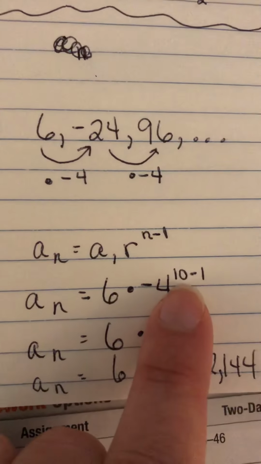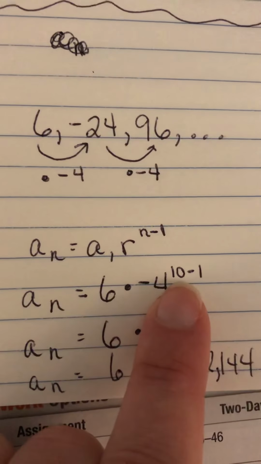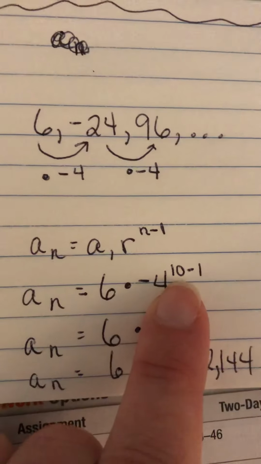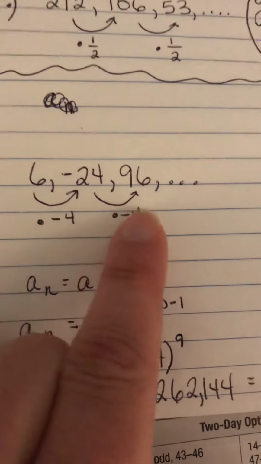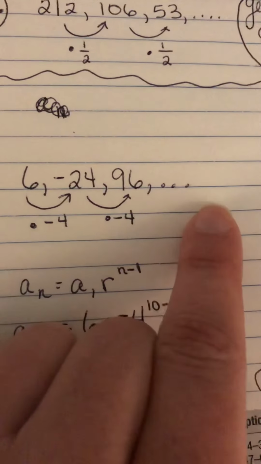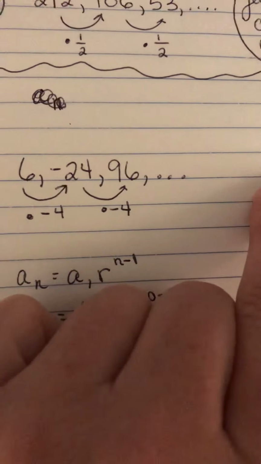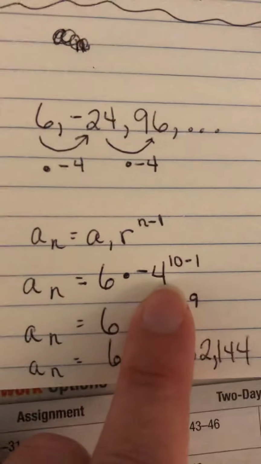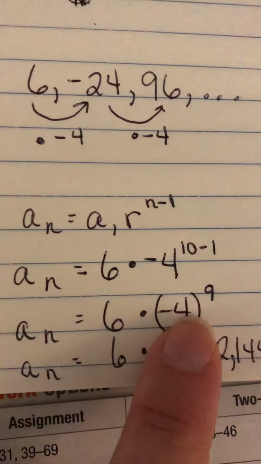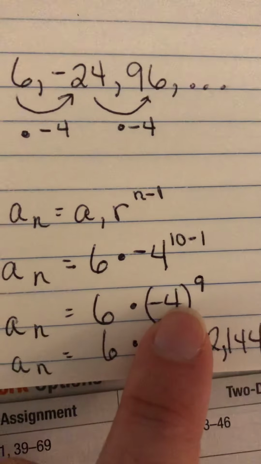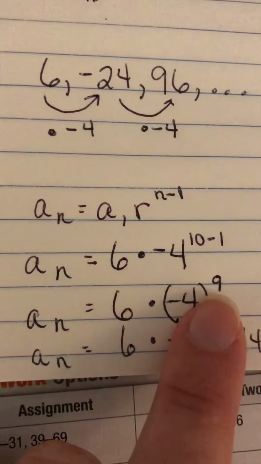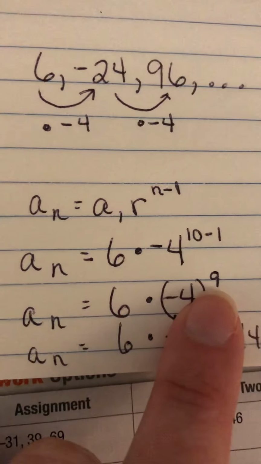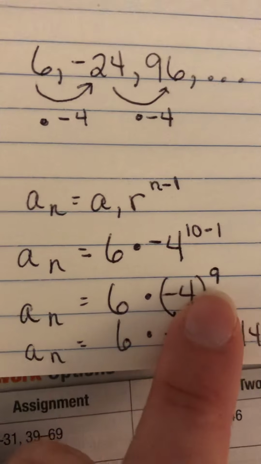And then the term number they're asking about is the 10th term. So again, if we would have continued this pattern till we got to the 10th number, what would it be? That's the question. And this is the equation you can use to just find it without having to make a long list. So when I start solving, I'll of course do 10 minus 1 and have an exponent there of 9.